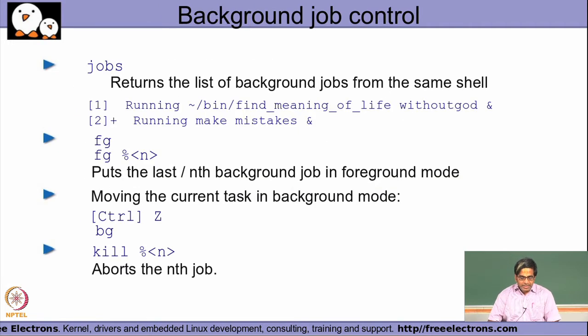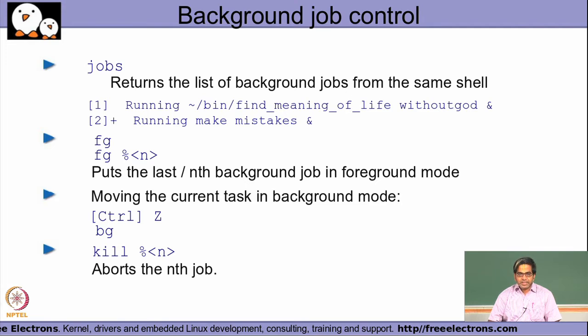When I am running multiple tasks in the background, I need to know at any point in time what the different tasks are that are running, and the status of each of them. That is the reason we have the command called jobs. If I say jobs, it displays the list of the current background jobs that are running.